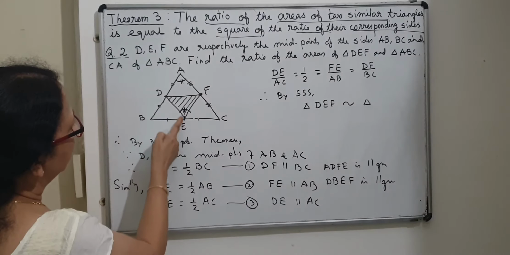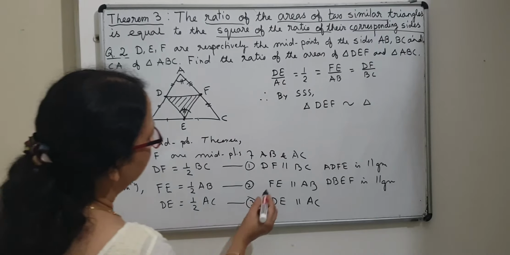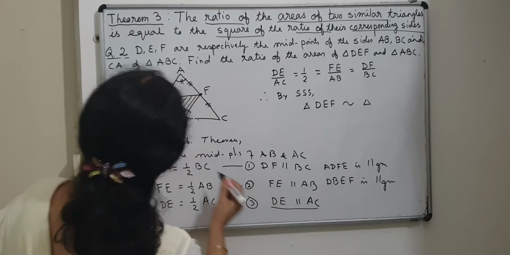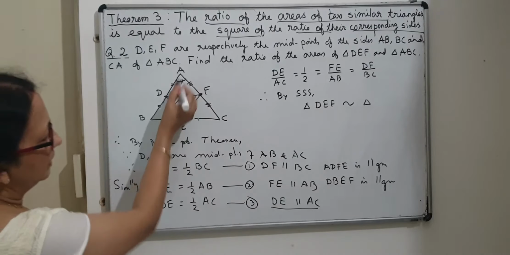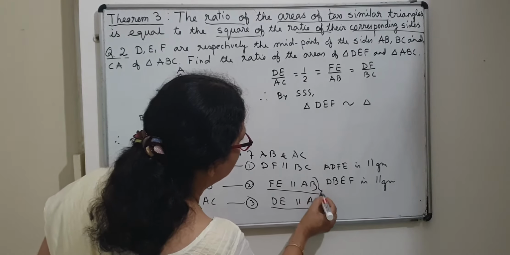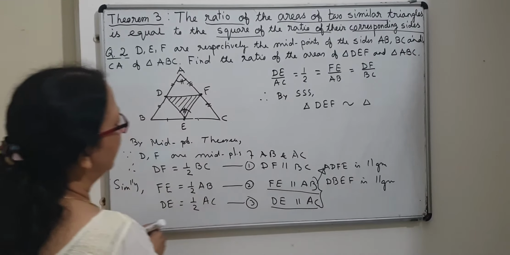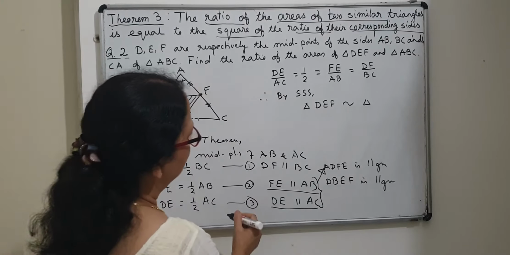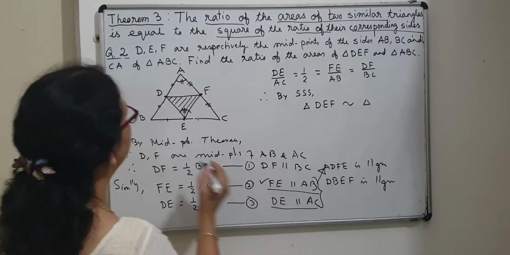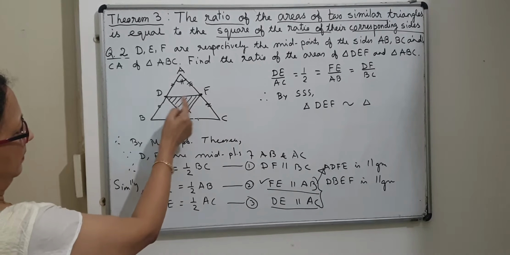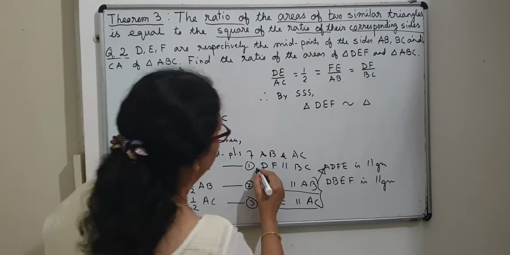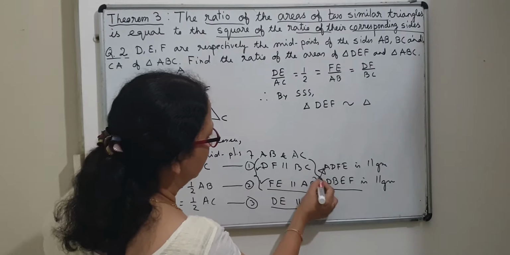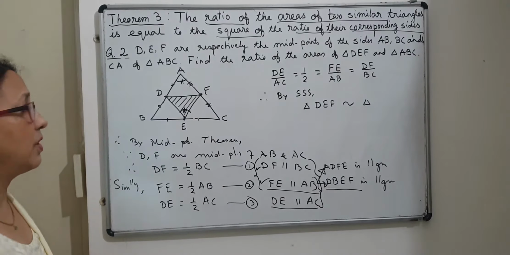Here DE is parallel to AC, and FE is parallel to AB, so from these two I get ADFE to be a parallelogram. And for DBEF, EF is parallel to AB and DF is parallel to BC, so with these two I get this one. So you understood how the parallelograms are formed.